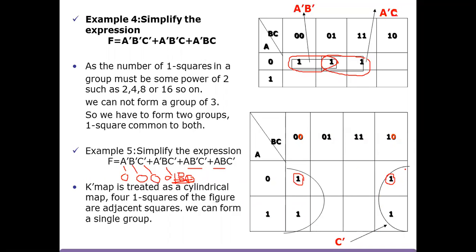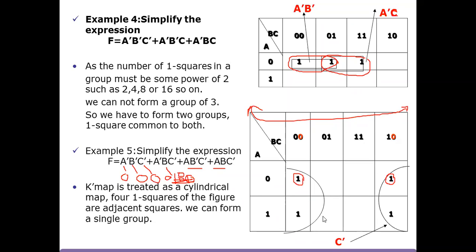Now here is a situation where you can consider this as a cylinder. Assume that you combine these two edges, which have these arrowheads. You combine those two edges, and then you see this, you can put these 4 variables into a single group. So you satisfy the corresponding rules.